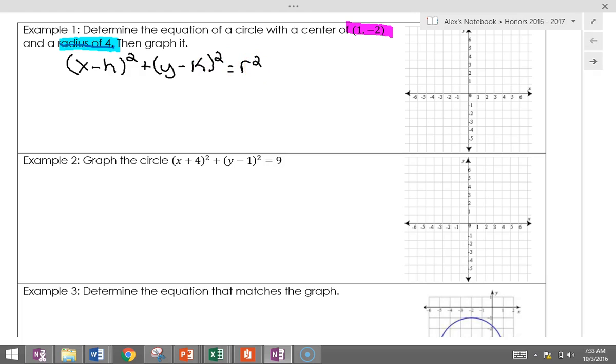This is another one of those things you will not be given on the test. You do have to memorize what the equation of the circle is. So then remember, h and k come from your center. You just switch the signs.